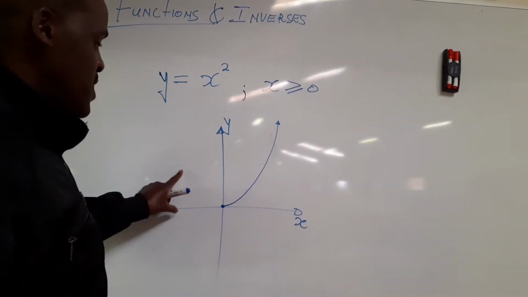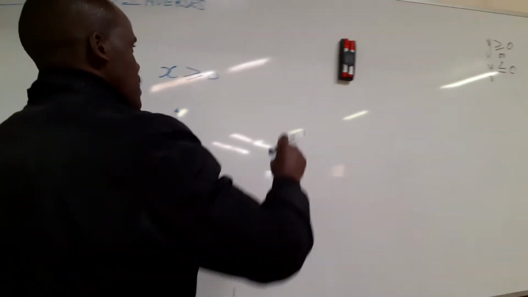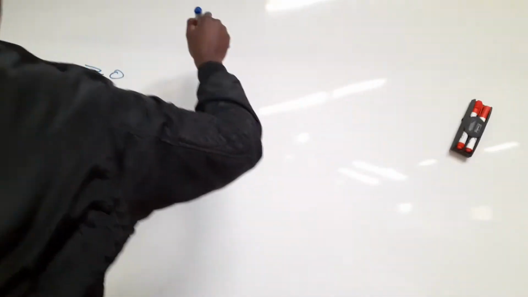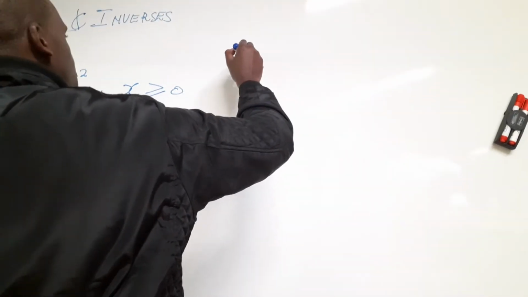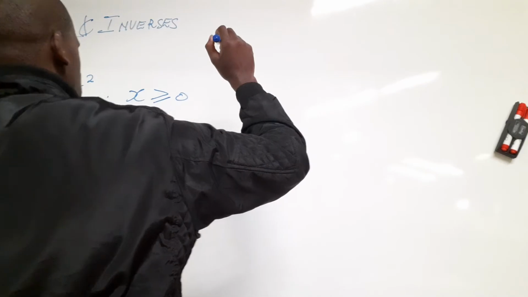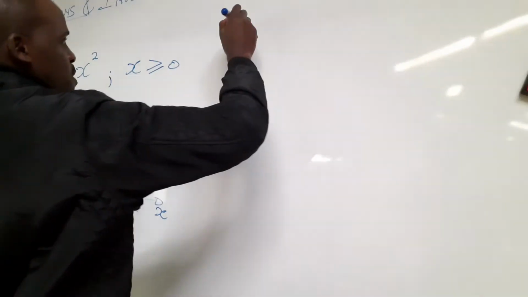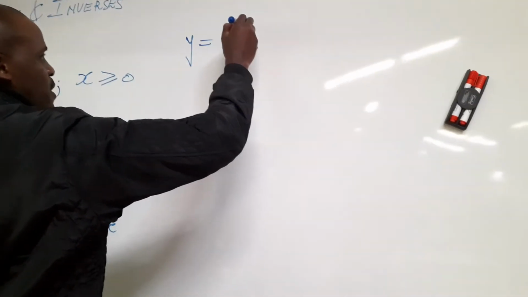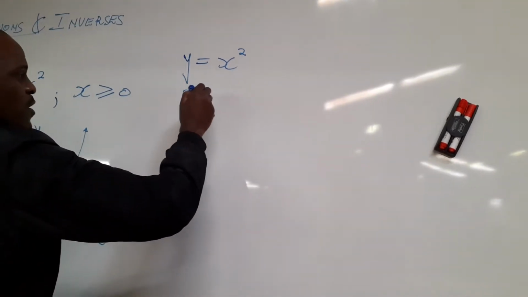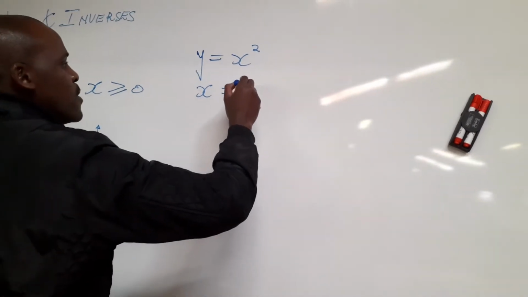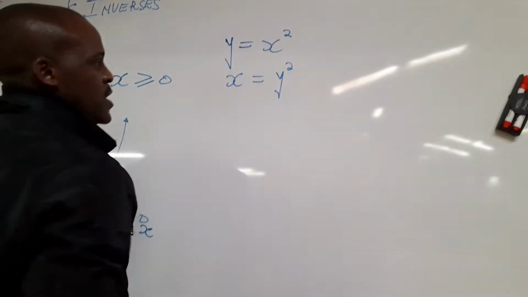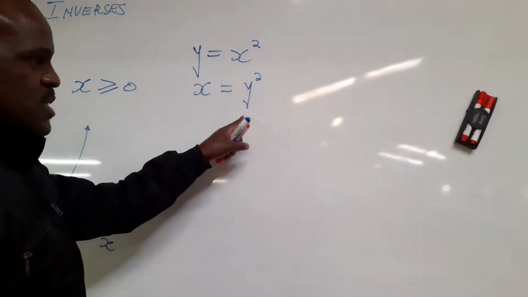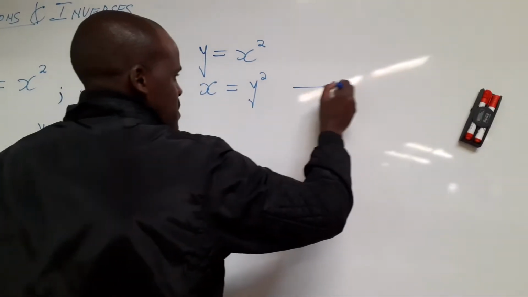Let us now find the inverse of this function. Remember, for the inverse, we need to solve. We have y equals x squared. Therefore, x will be equal to y squared. And then this is the inverse.